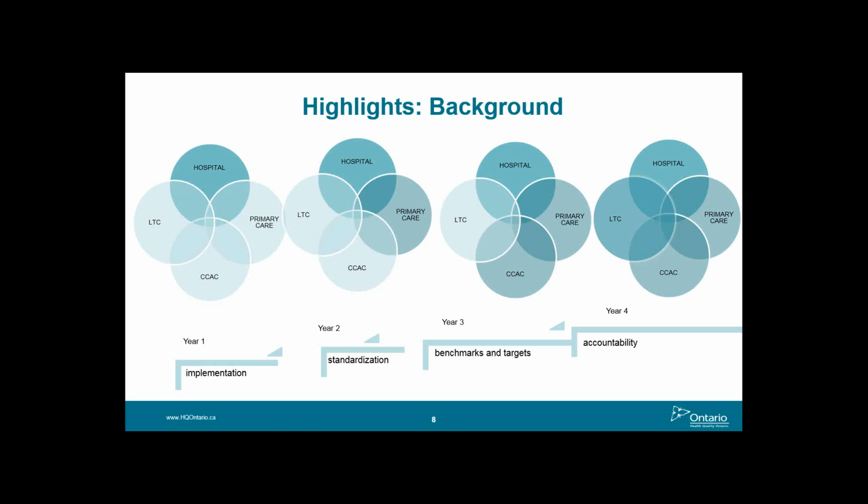As years progress, we know that some indicators will be retired as the system does move to make improvements, and then other indicators may be added.